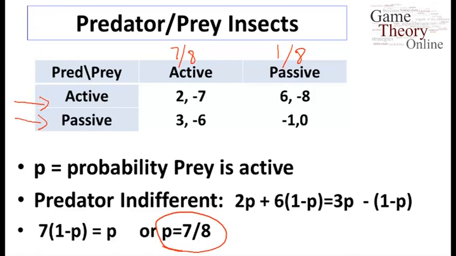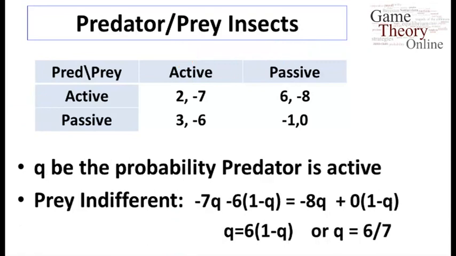Now let's reverse things and do the same calculation on the other side. So we go through that. Remember that Q is the probability that the predator is active. You can do the same calculation. So now we've got a Q here, a 1 minus Q here. We want the prey to be indifferent between choosing active and passive. So we can figure out what's their payoff going to be based on these rates if they choose active, if they choose passive.